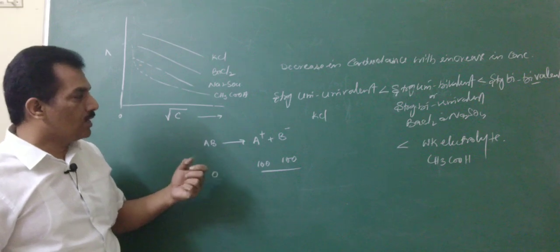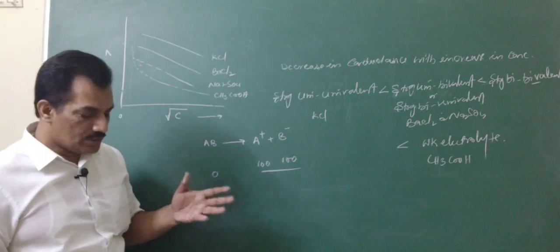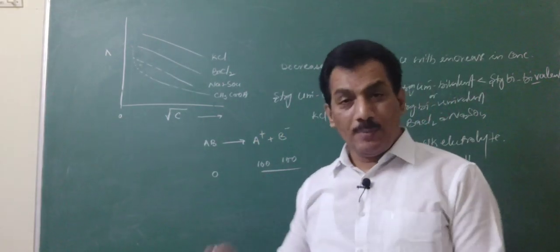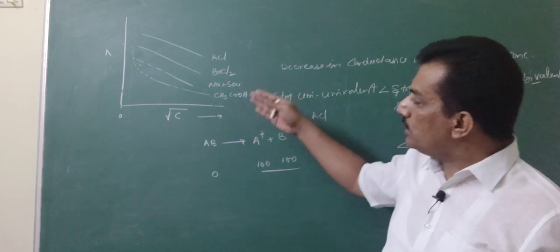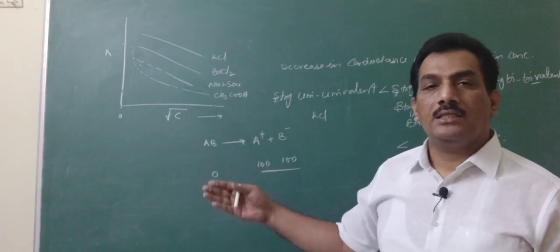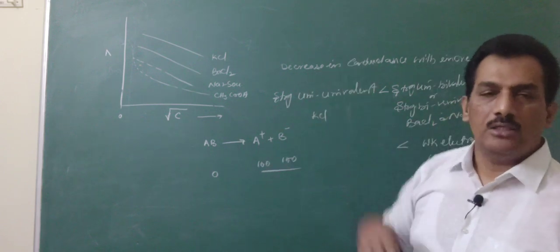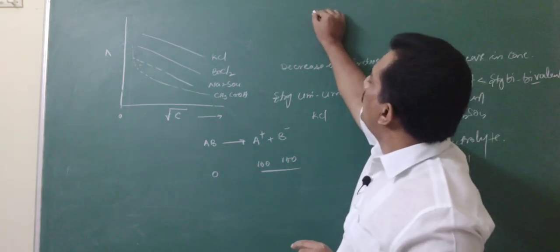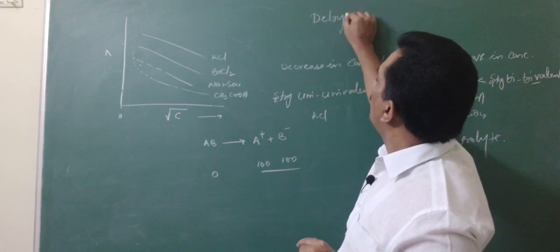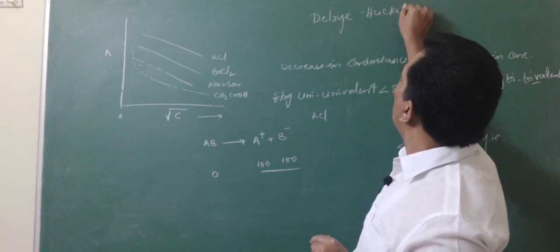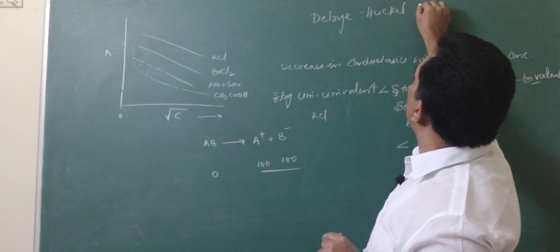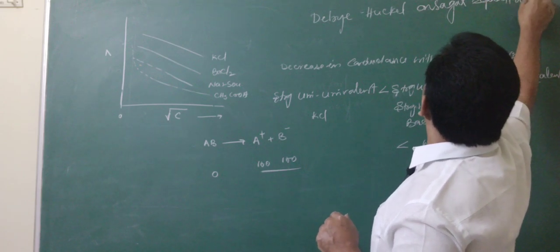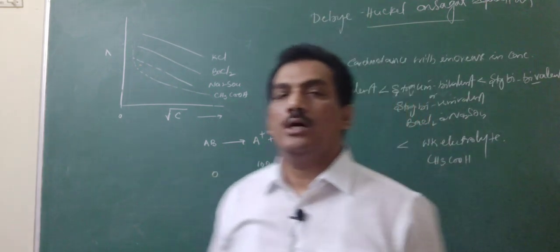Clear? Theoretically we are drawing this, and for the actual experimental relations to find the conductance of electrolytes at infinite dilution or at zero concentration, we can use the Debye-Huckel-Onsager equation.